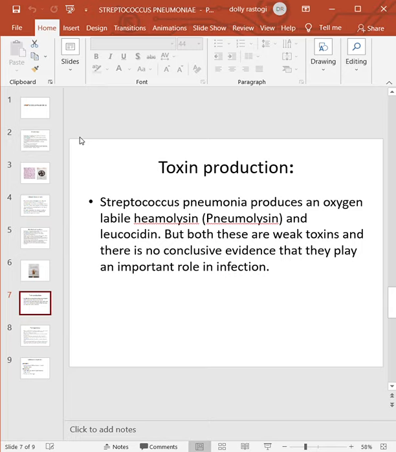Both of them are weak toxins and their role in infection is inconclusive.